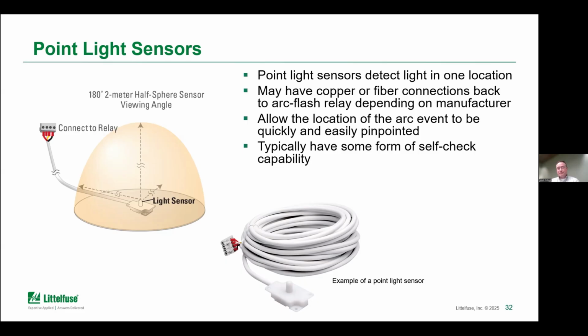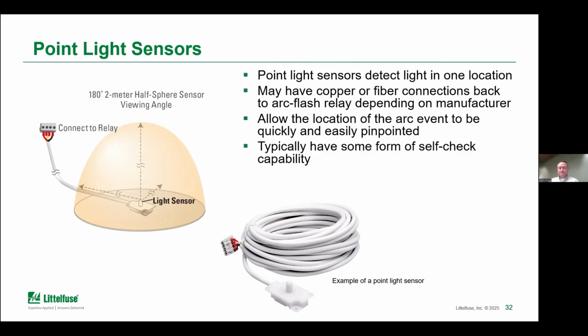One is a point sensor, and as you would see, they're installed in a single point. So they detect the light in one fixed location. And the benefit to that is that when your relay triggers on an arc event, you can very quickly know exactly which location that arc occurred, because you know which sensor has generated that trip.